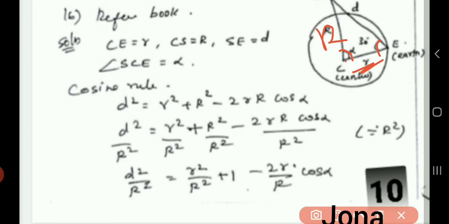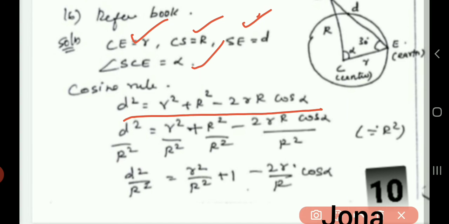That alpha is nothing but the angle subtended at the center of the earth by the lines connecting the center of the earth to the earth station and the center of the earth to the satellite. Then we want to find the distance d. So the things are given: CE equal to r, CS equal to capital R, SE is d, and angle SCE is alpha. Now we want to take the cosine formula, that d square equal to r square plus R square minus 2rR cos alpha.